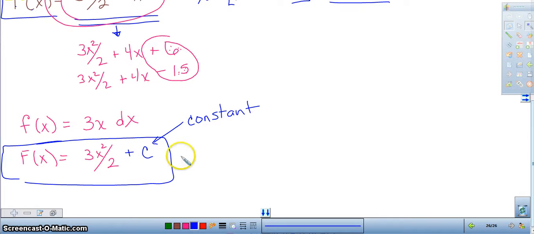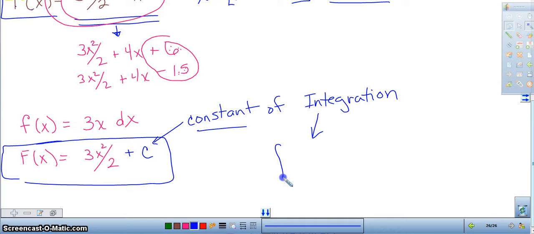It just could not be a function. It could not be a variable. And it's a lot of times called the constant of integration. And I'm going to show you why it's called that in just a second, because finding the antiderivative is the same as integrating. So remember our symbol for integration?